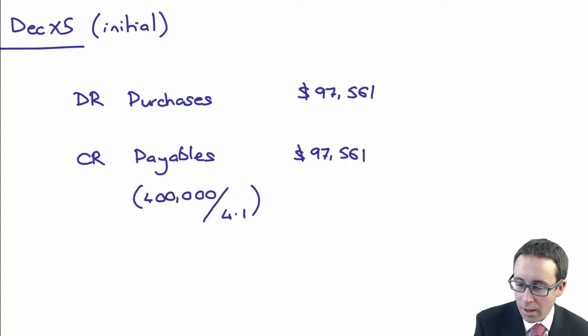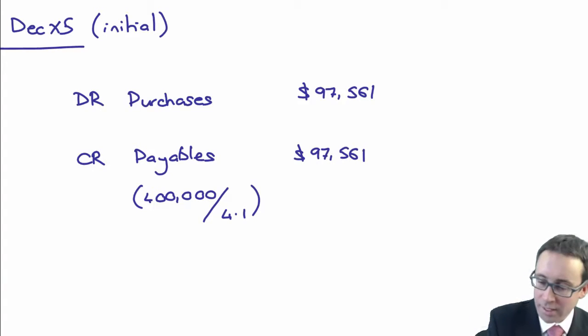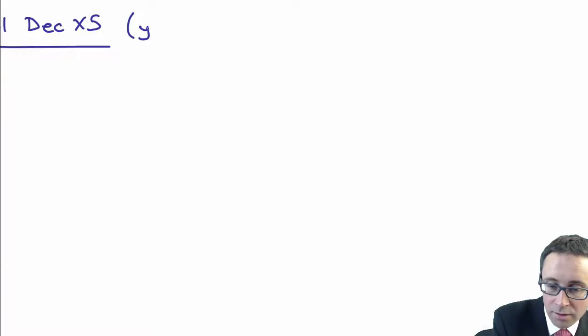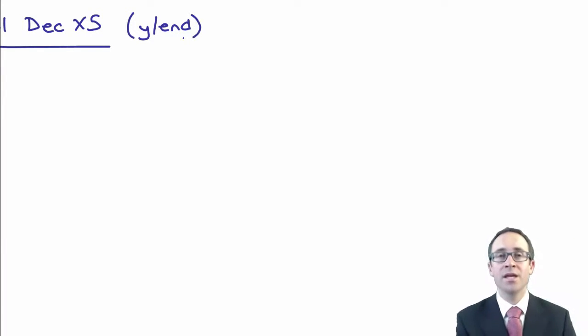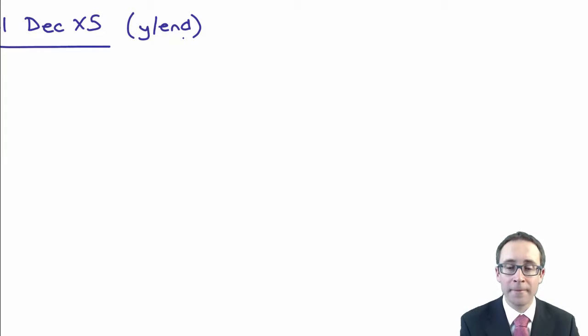Okay. What about the subsequent accounting treatments? Because what you've got there is we need to consider what happens at the 31st of December X5. Because the 31st of December X5 is our accounting year end, isn't it? Okay.